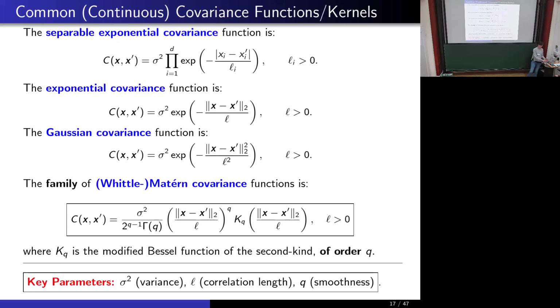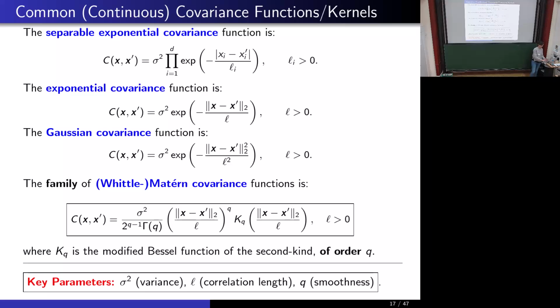So we've got sigma squared here, which is representing the variance. So if you set x equal to x dash, that should give you the variance of the random variable associated with a point x. So if you set x equal to x dash in any of these models, you get the exponential of 0, so sigma squared will be the variance. So in all of these models, this would give us a random field whose variance was constant at each point in the domain.